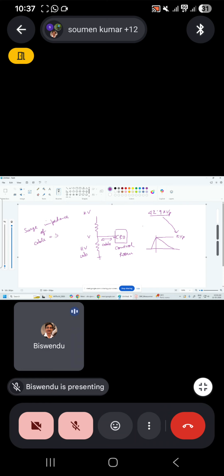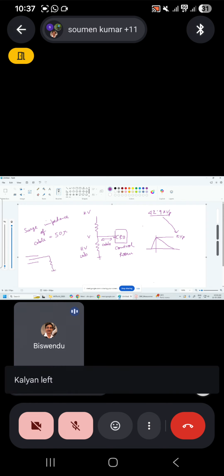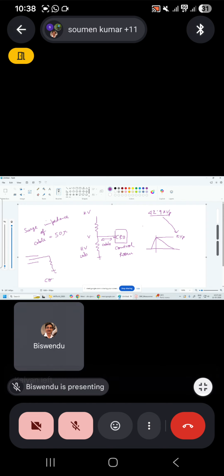is equal to 50 ohm, then from the cable the termination resistance to the CRO in the control room should be equal to 50 ohm. Then it will go to the CRO. And if this cable is 75 ohm, it should be changed to 75 ohm.